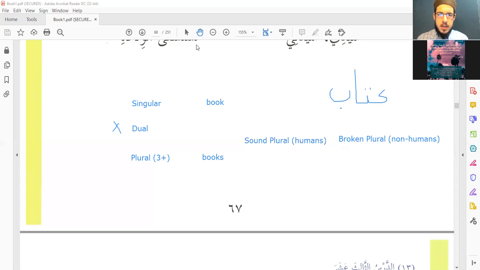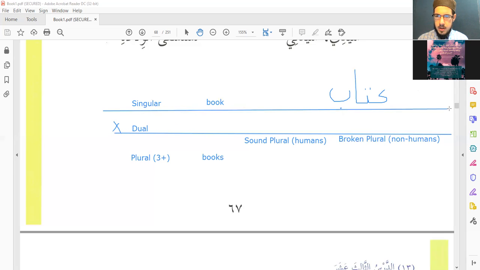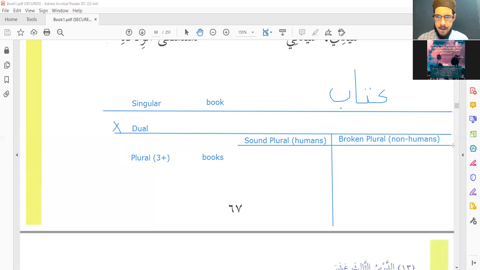All right, let's get some lines in here. Make a little chart. There you go. Separate everything out. Okay. There are two types of sound plural, which is why there's three types of total plural. And they fall on the lines of gender.